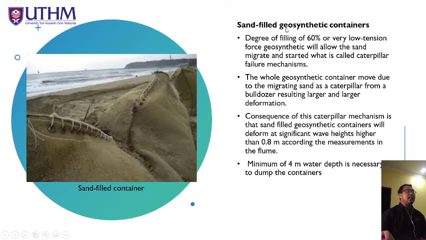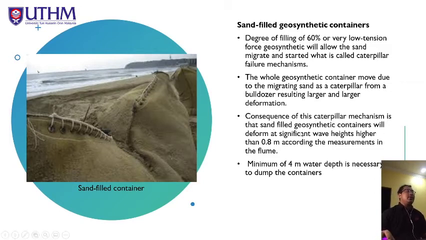The next one is the sand-filled geosynthetic container. As we can see, a degree of filling of 60% or very low tension in the geosynthetic will allow the sand to migrate and start what is called the caterpillar failure mechanism. The whole geosynthetic container moves due to the migrating sand, like a caterpillar from a bulldozer, resulting in larger and larger deformation.